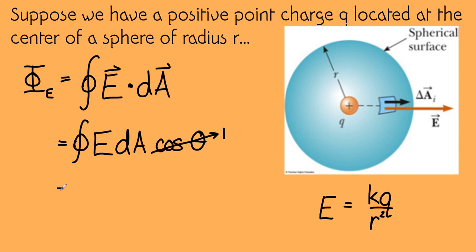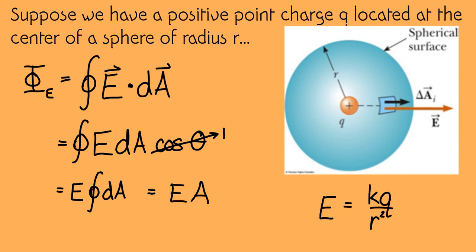That tells me that the electric field is a constant and can be pulled out of this integral. So now I'm just left with the surface integral of dA. And we know that when we have an integral of d something, it just equals that something. So I'm left with E times A. But it's important to remember that this A is a surface area. We're talking about the surface area of our sphere here.